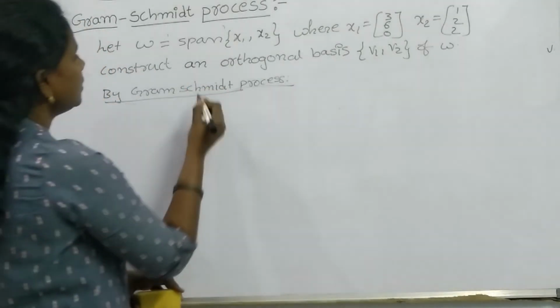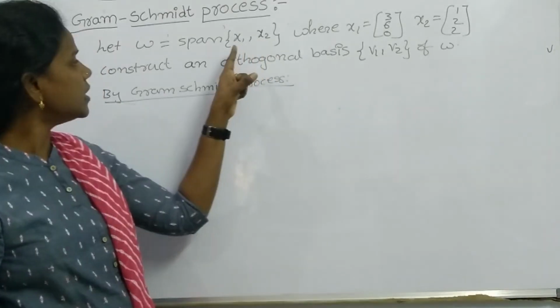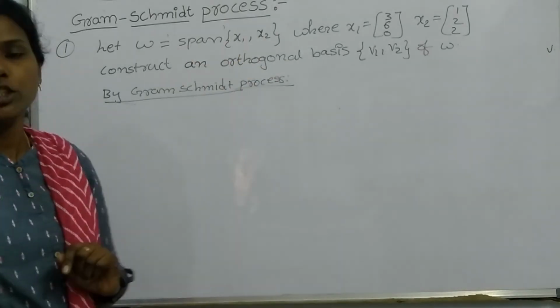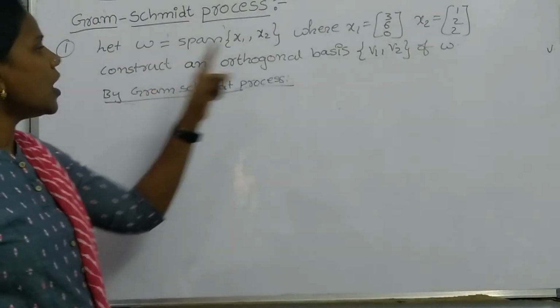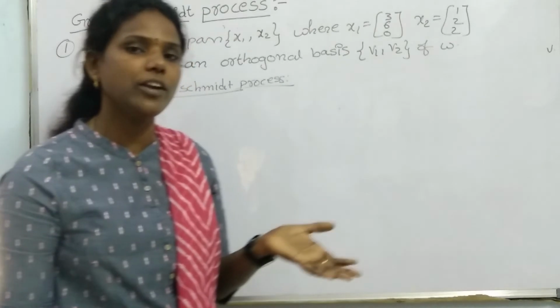What is given here? W is equal to span x1, x2. Here x1, x2 is nothing but a spanning set of W, and also we observe x1 and x2 are both linearly independent vectors.